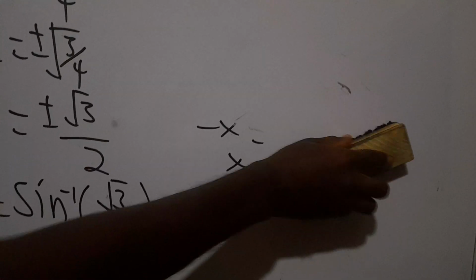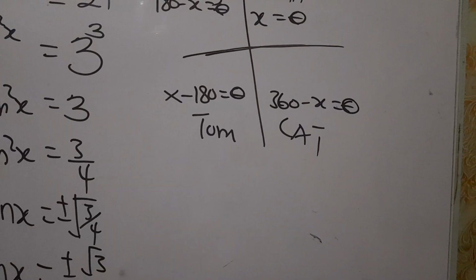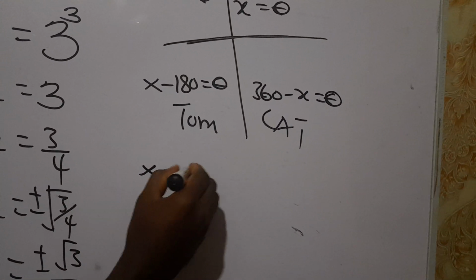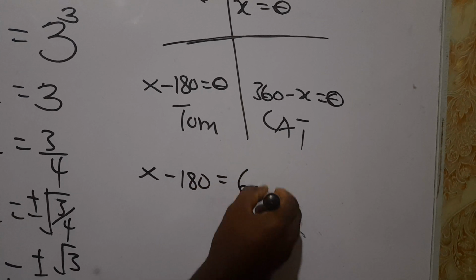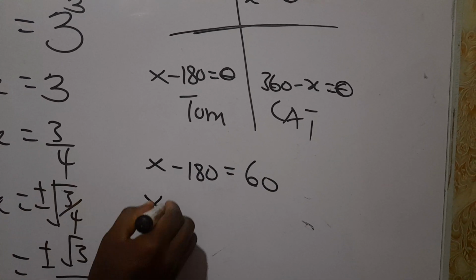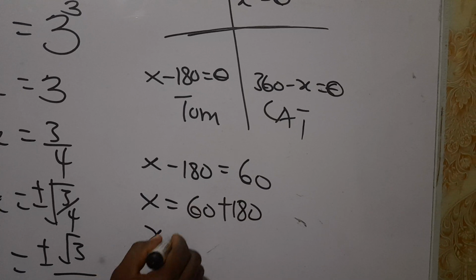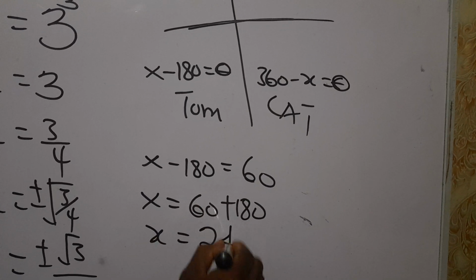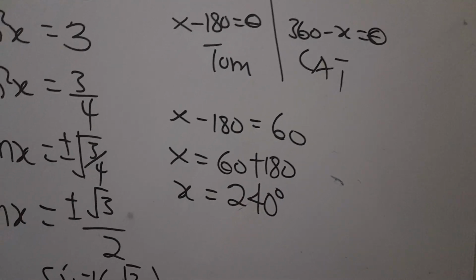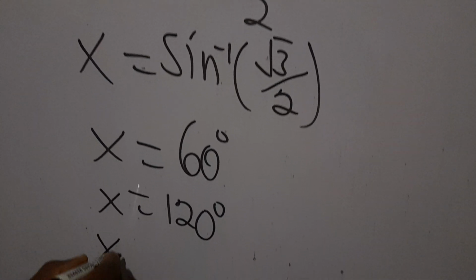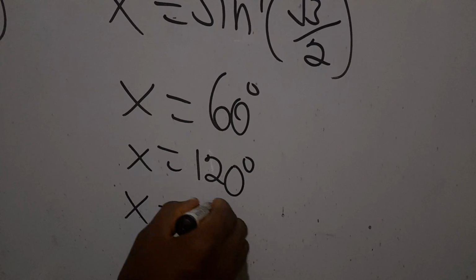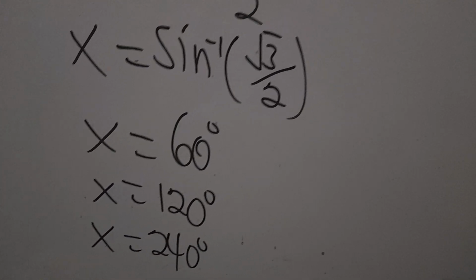Now the third quadrant, we use this, which is x minus 180 equal to 60 degrees. So our x will be equal to 60 degrees plus 180 degrees. Our x will be equal to 240 degrees. So you can say another possible value for x is 240 degrees.